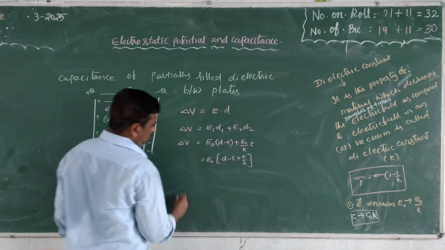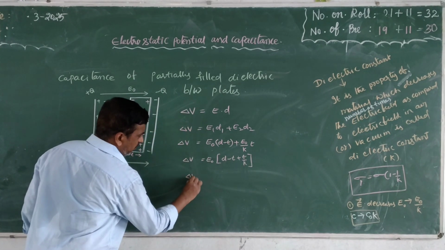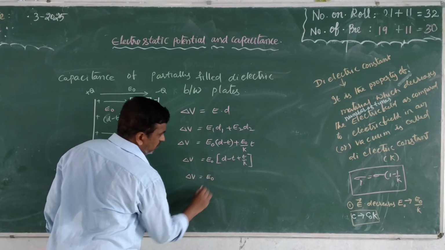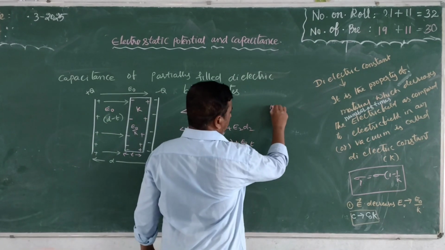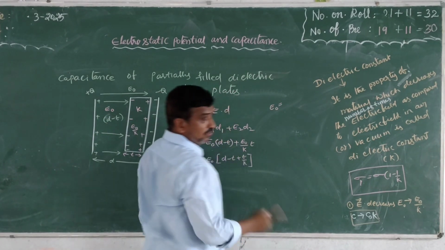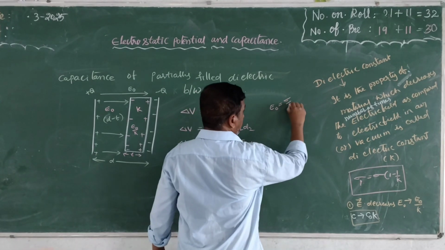So delta V equals E naught into d minus t plus t by K. We know the electric field between parallel plates, E naught, is sigma by epsilon naught.